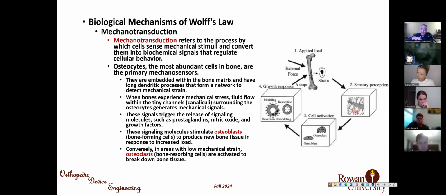When load is applied on these channels, the fluid senses that load and transfers this load to the extension of the osteocytes. So the osteocytes sense this load. And now they transfer this sensation to the other osteocytes and then to the osteoblasts nearby here.